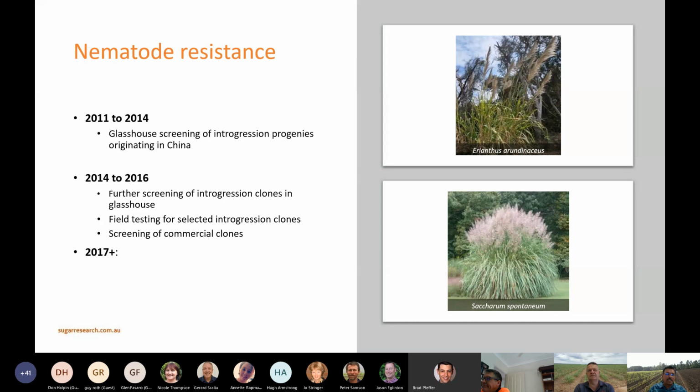And from 2017 onwards, we screened more of our basic germplasm population from our SRA collection to see how resistant they are to root lesion nematodes.